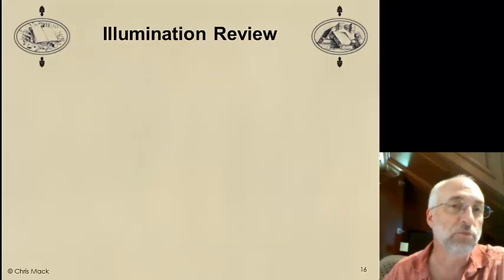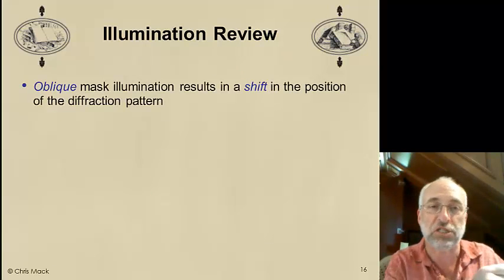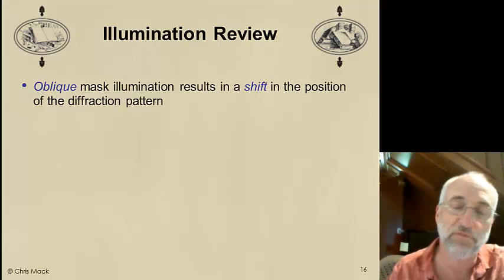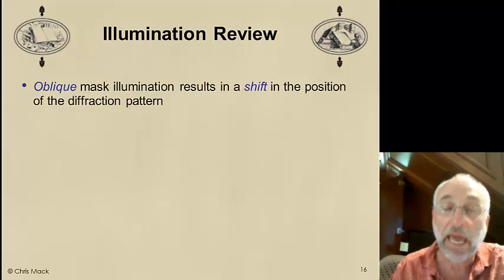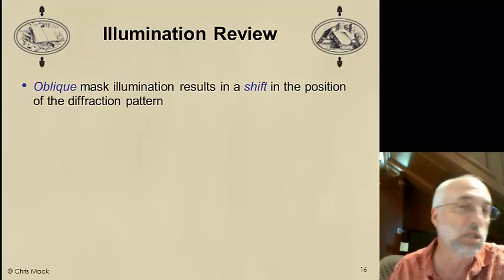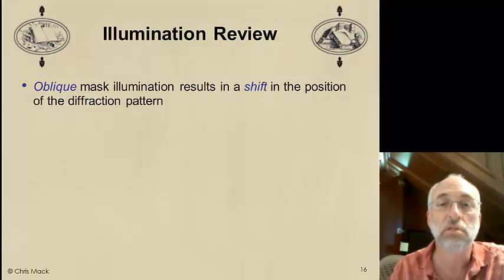All right, let's review what we've learned about illumination. Oblique mask illumination results in a shift in the position of the diffraction pattern. The amount of the shift, of course, is related to the angle of incidence of the oblique illumination. In spatial frequency terms, the shift is equal to the sine of the oblique angle divided by the wavelength.